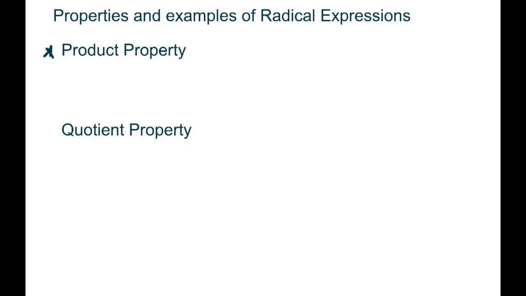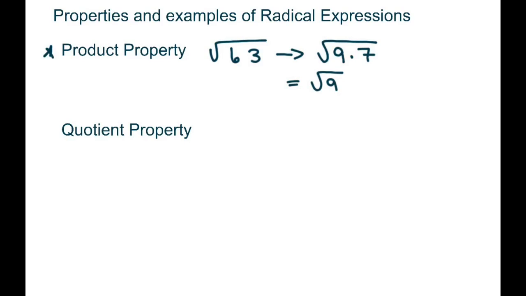If I have the square root of 63, I want a perfect square, so I can write this as the square root of 9 times 7. I can break this up as the square root of 9 times the square root of 7, and that's going to give me 3 times the square root of 7. So that's the product property simplified.